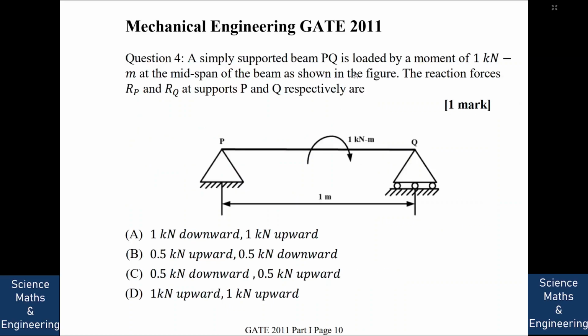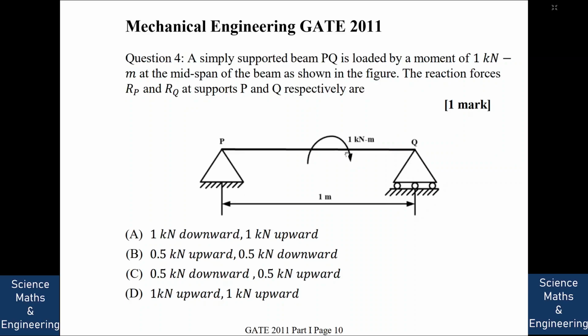A simply supported beam PQ is loaded by a moment of 1 kilonewton meter at the midspan of the beam, as shown in the figure. The reaction forces Rp and Rq at supports P and Q respectively are: A. 1 kilonewton downwards, 1 kilonewton upwards; B. 0.5 kilonewton upwards, 0.5 kilonewton downwards; C. 0.5 kilonewton downwards and 0.5 kilonewton upwards; or D. 1 kilonewton upward and 1 kilonewton upward.